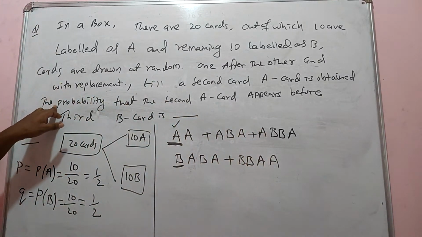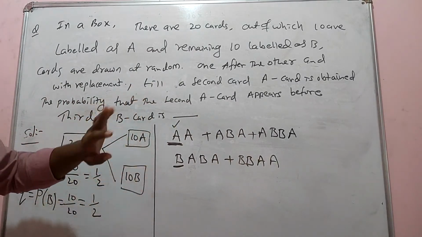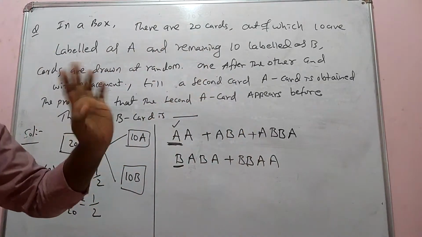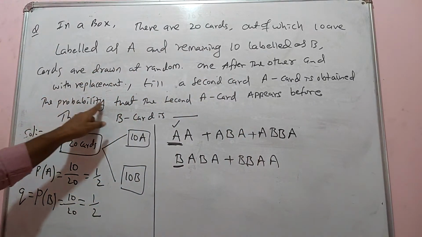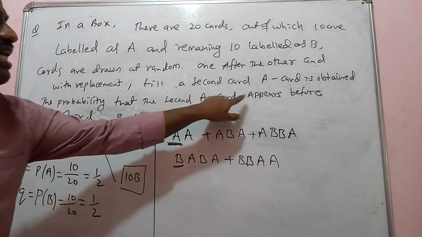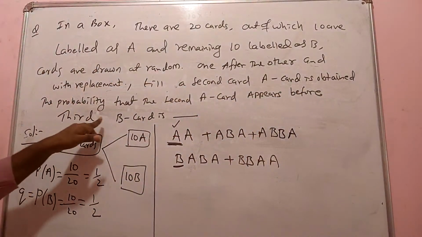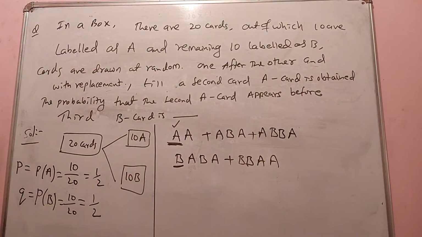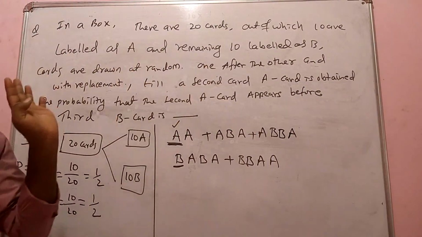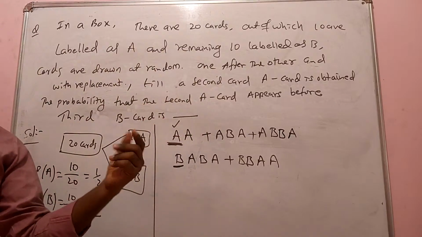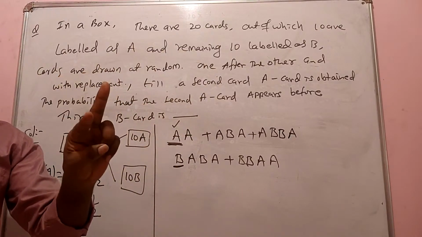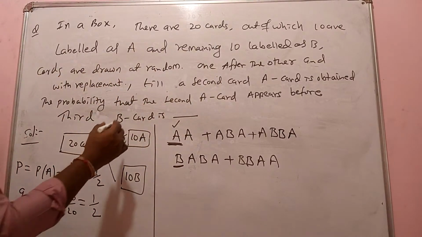Why? The question is not asking for infinite times. It says the probability that the second A card appears before the third B card. That means B should not appear more than 2 times. This is the main important thing you need to understand.